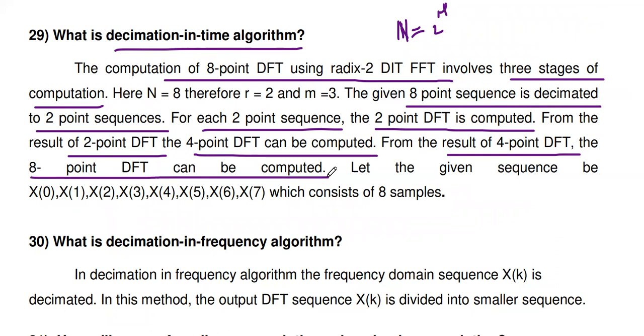This is what happens in the decimation in time algorithm. First we divide the 8 data into 4 2-point sequences, find the DFT for each, then combine 2 answers into one 4-point DFT, then combine 2 4-point DFTs into the 8-point answer. That is nothing but the decimation in time algorithm.